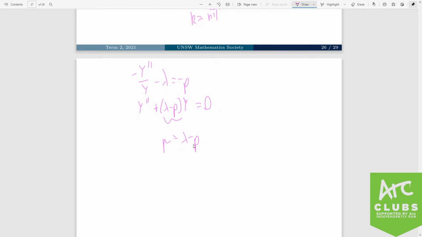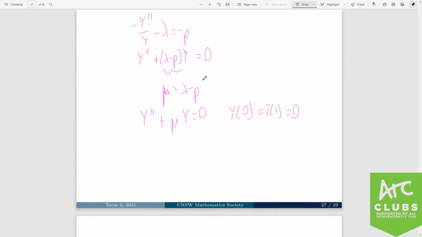And then basically we just get the same. So then we can just ignore this. So we just have the same problem, Y(0) equals Y(1) equals 0.